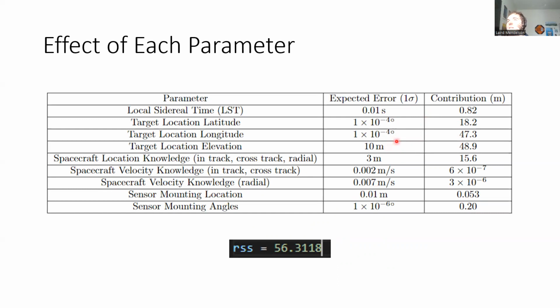And so that gives us that 47 meter contribution to our geolocation error. And then elevation is also similar. It's a pretty important effect. Because of the curvature of the Earth, if you think something's higher or closer in, then you actually end up missing by more than you are off in your elevation.